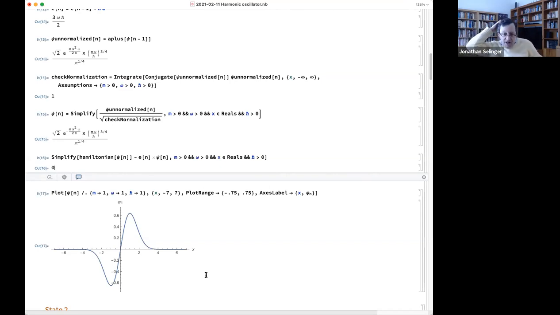So this is kind of similar to that, except that, again, it doesn't go exactly to zero at specific boundaries. It just goes gradually, asymptotically to zero as x goes to plus or minus infinity.